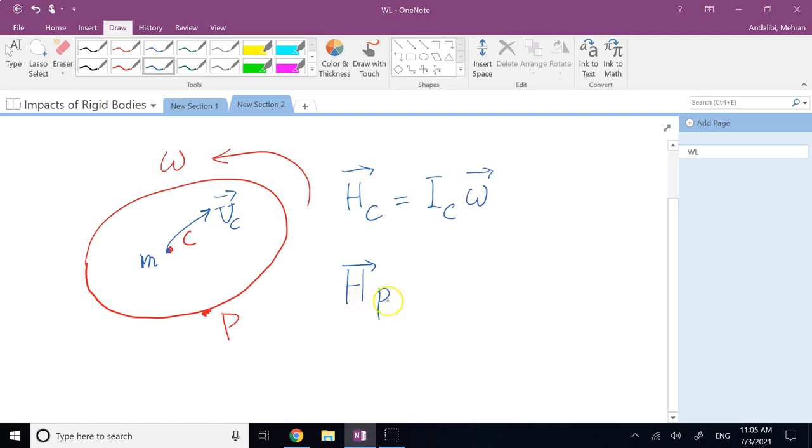Now if I ask what it is about point P, what I'm doing here is called transfer of angular momentum. Can I transfer angular momentum from C to P? Yes.